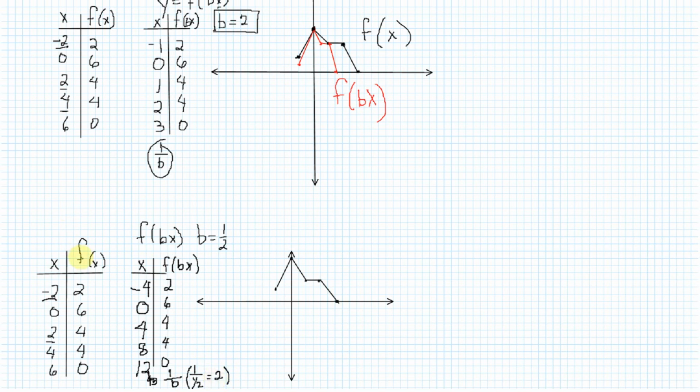Let's graph this and see what it looks like. I have an input of -4, which gives me 2 out, an input of 0 to give me the 6 out, an input of 4 to give me the 4 out, and again an input of 8 to get that 4 out again, and finally 12.